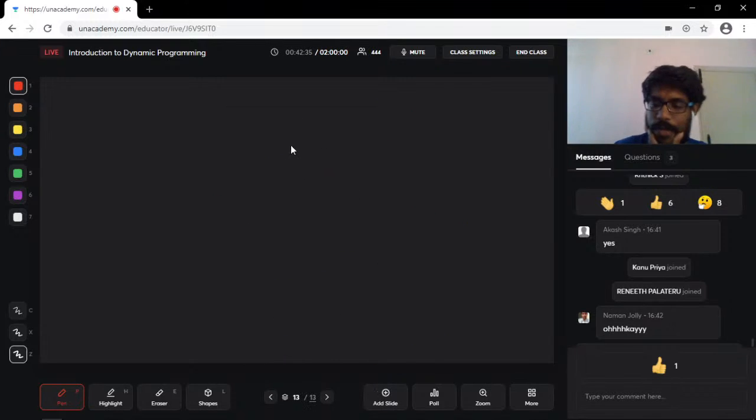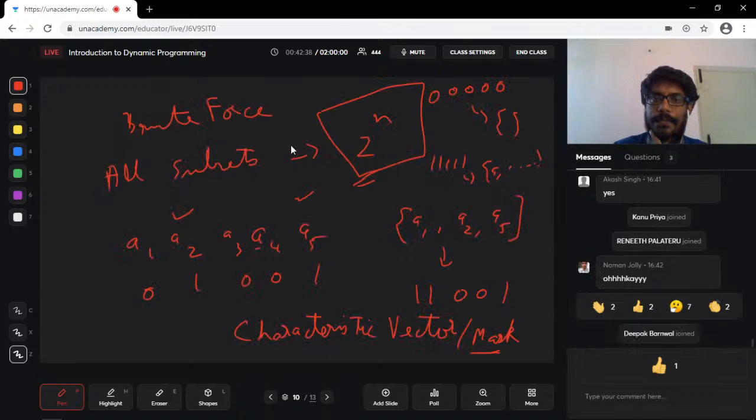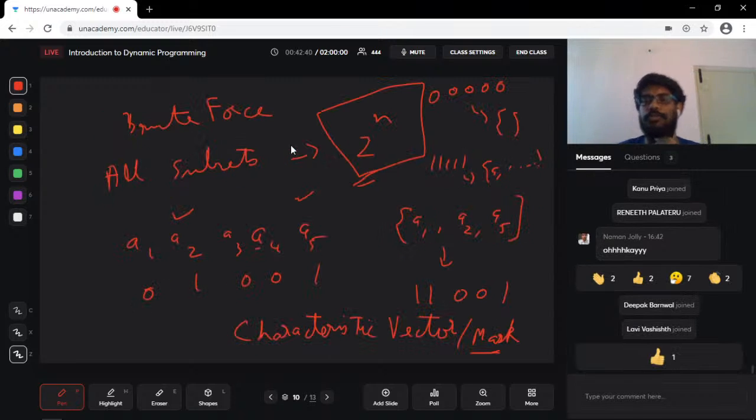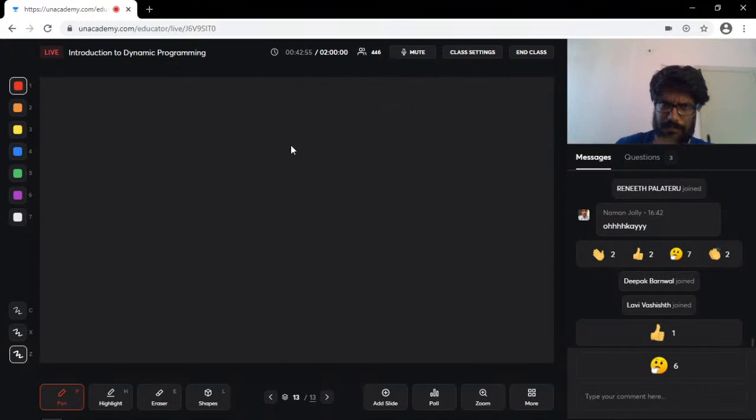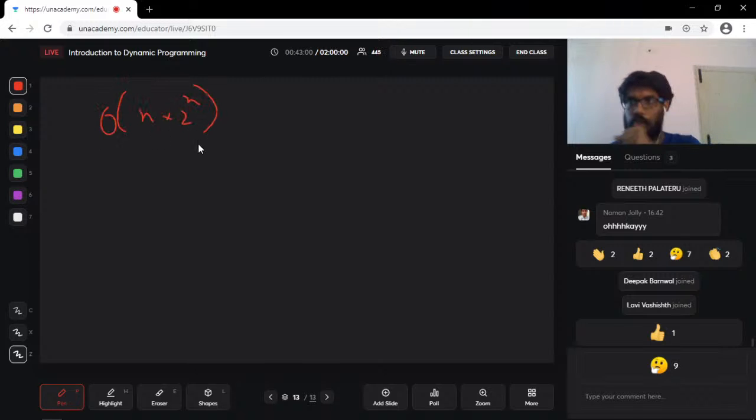So now let's get back to the brute force. The brute force solution is to look at all these 2 power n subsets, check whether they are valid, and if they are valid, take the sum, and consider the max amongst all those sums. So that's going to be an order n into 2 power n solution, because I need 2 power n subsets, and to find whether it's valid, I need to spend n time, and to compute the sum, I need to spend n time.